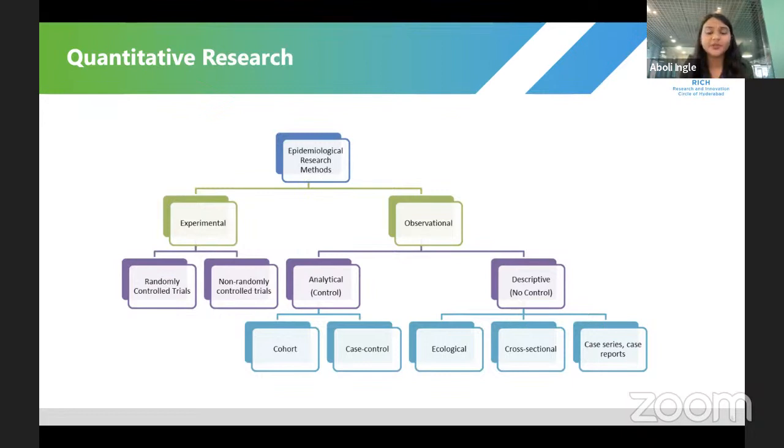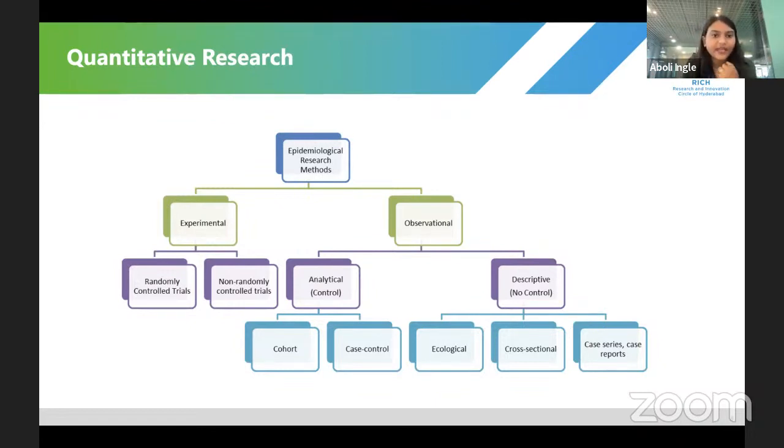The basic difference between analytical and descriptive is that descriptive research basically looks at one or more variables in a sample, while analytical research tries to establish some relationship between two variables, like outcome and exposure. In descriptive, we just try to understand what is happening, what is the percentage, what is the prevalence, and things like that.